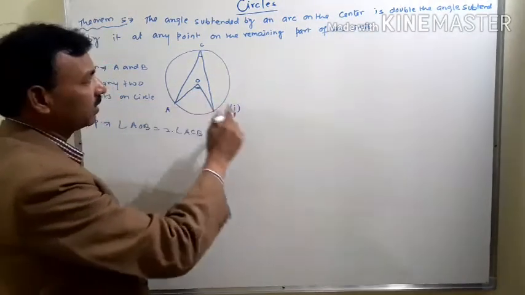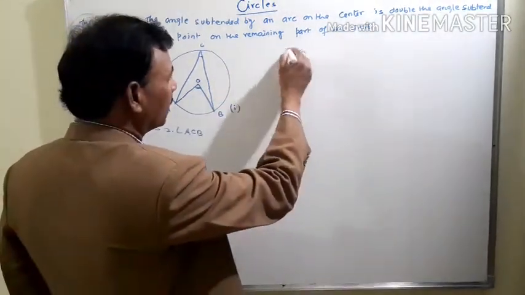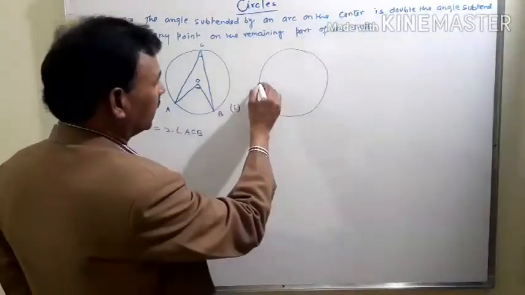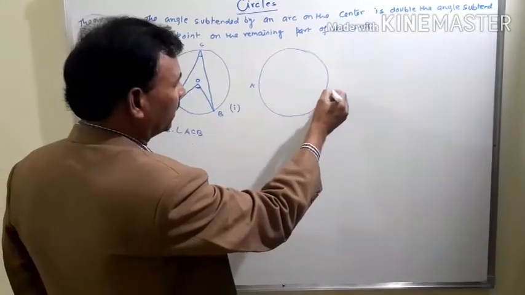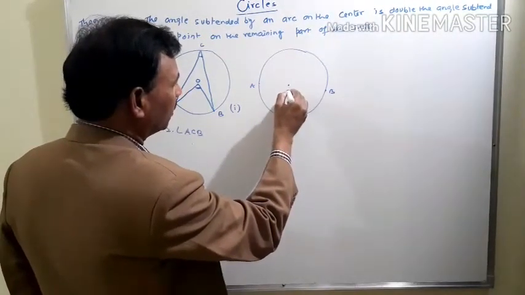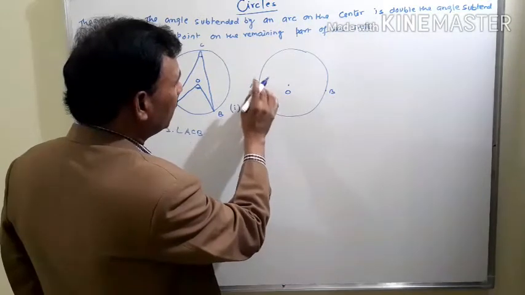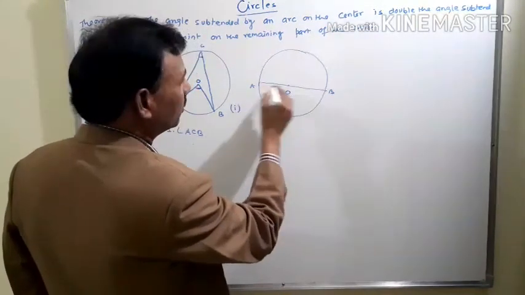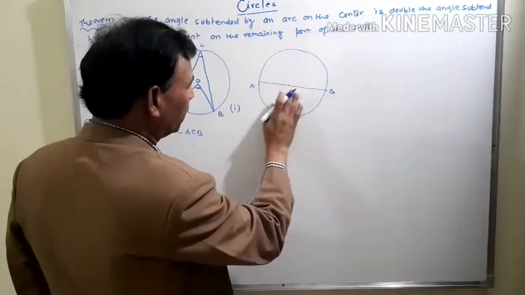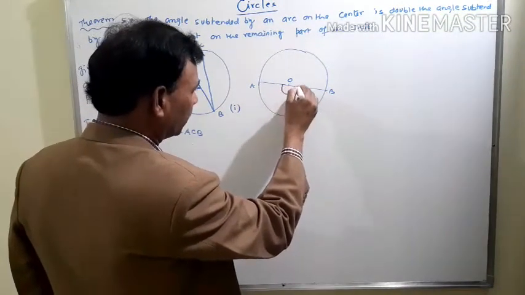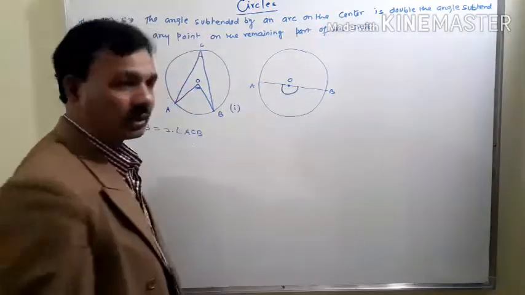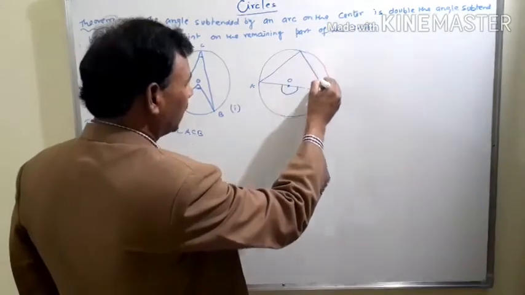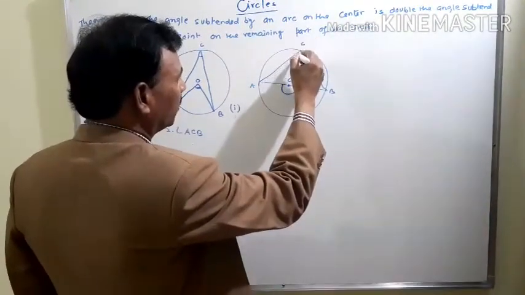In the second situation, suppose this is a circle and these 2 points are taken as A and B, and this is the center O. Then the angle subtended by these two points at the center will be this, that means 180 degrees, and the other angle on the circumference of the circle will be this.